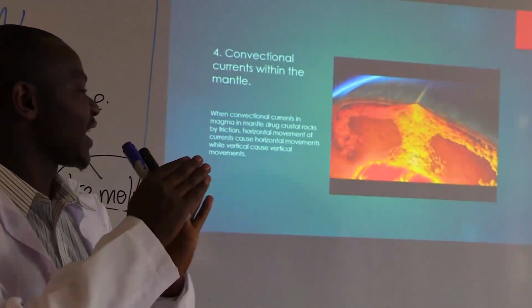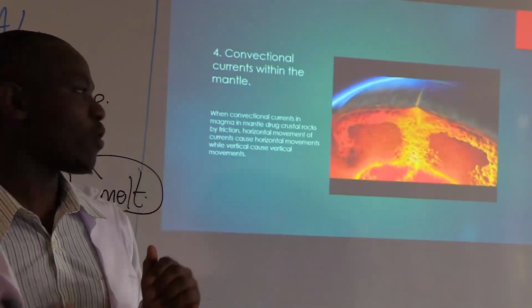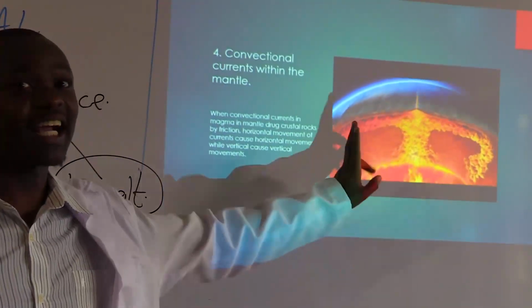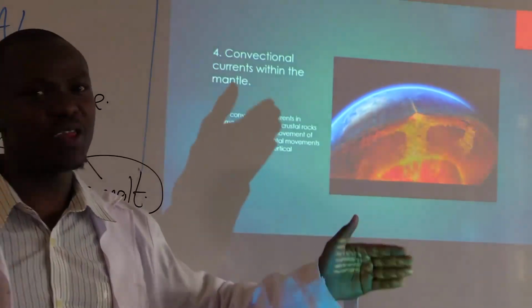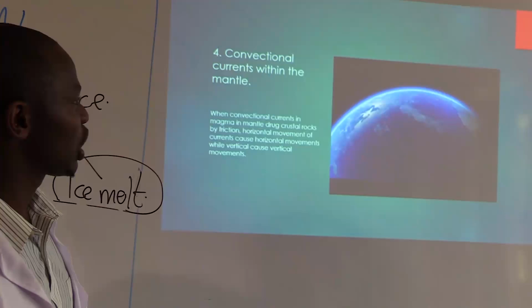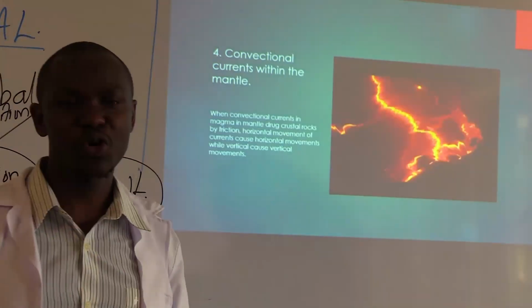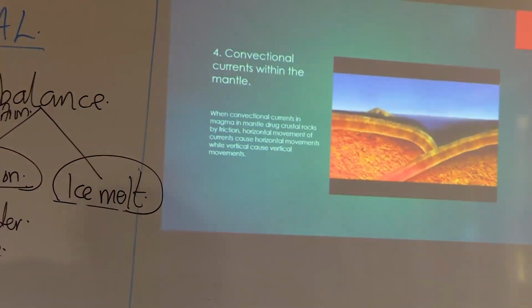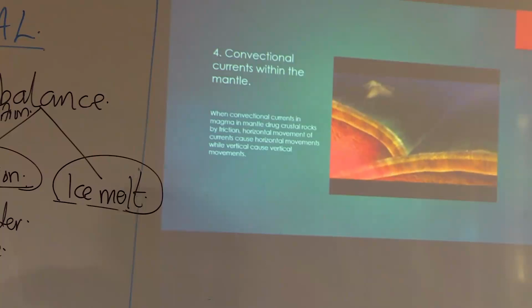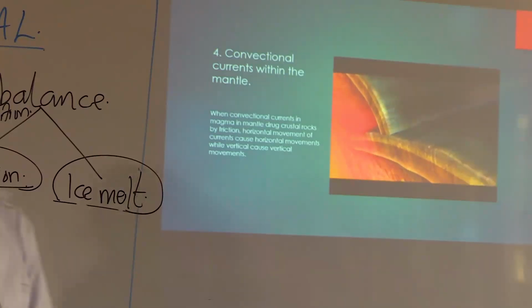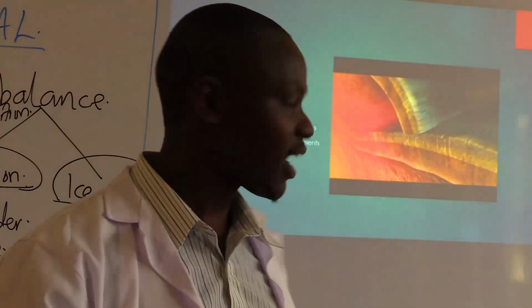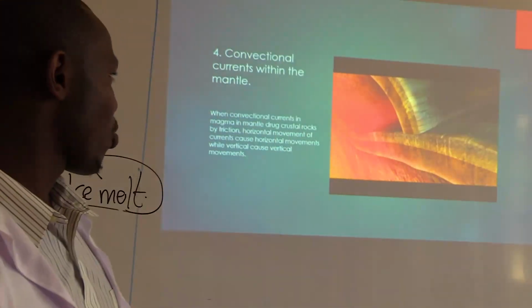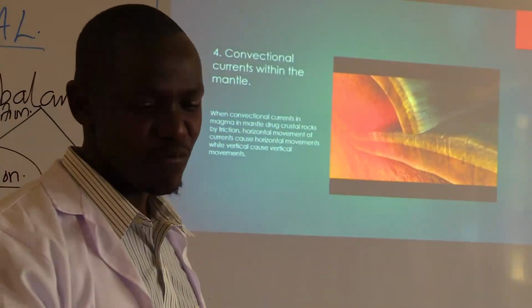Its contact with the crust results in a frictional drag which causes the crust to move from one direction to the other. This mostly causes horizontal movement, and that is how convectional currents cause Earth movements.